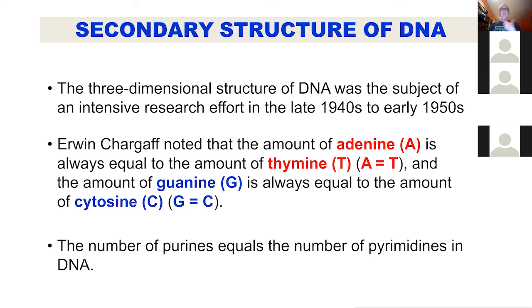So everybody was trying to figure out the structure of DNA in the late 40s, early 50s. It was sort of like the holy grail of biology, because like I mentioned at the beginning of the chat today, we knew that genetics had been studied since the turn of the century.